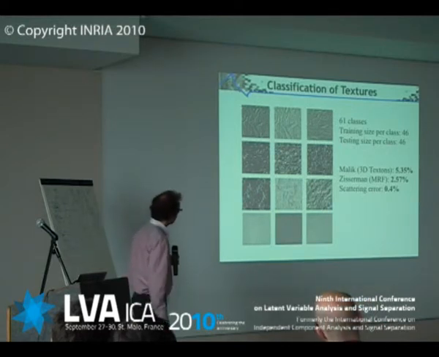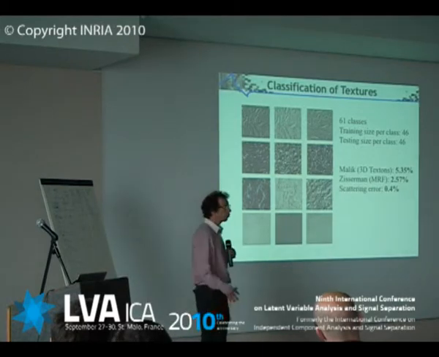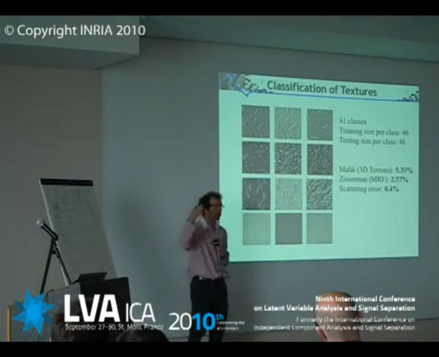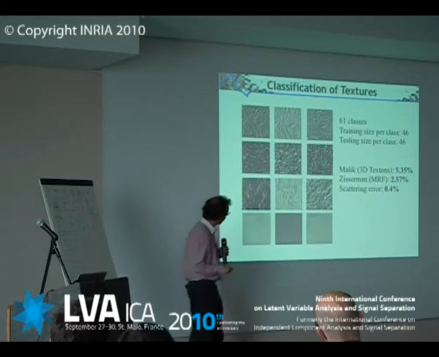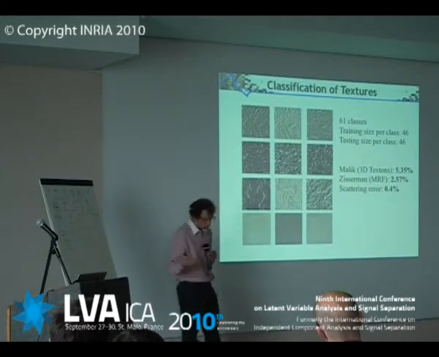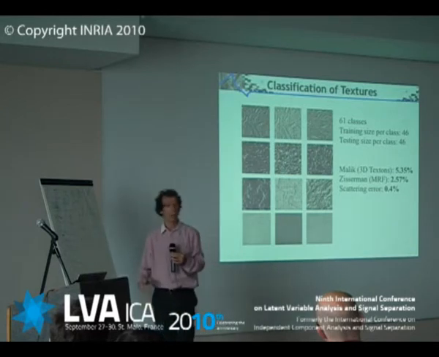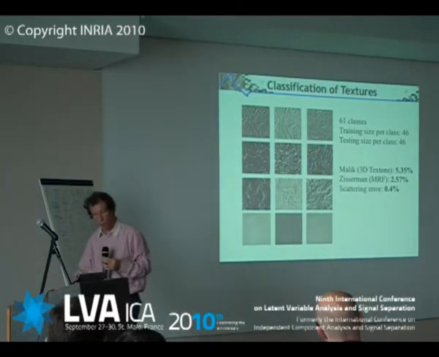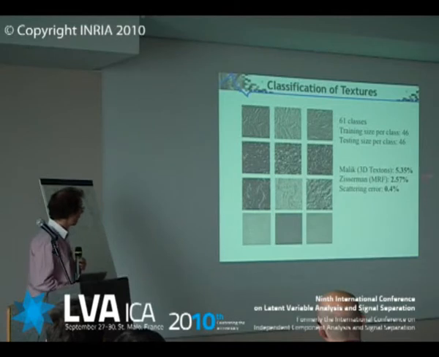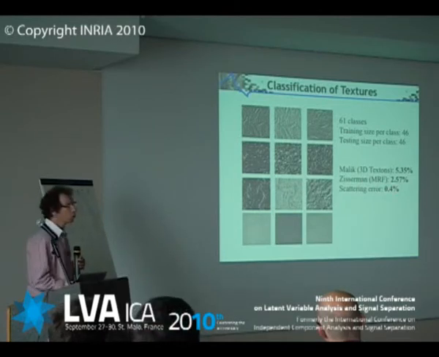The result from Berkeley, based on 3D textons which were adjusted to reflect the properties of textures, is 5.35%. Zisserman was holding the state of the art with Markov random fields, a Gibbs sampler, very long algorithms. And we go, boom, 0.4%.